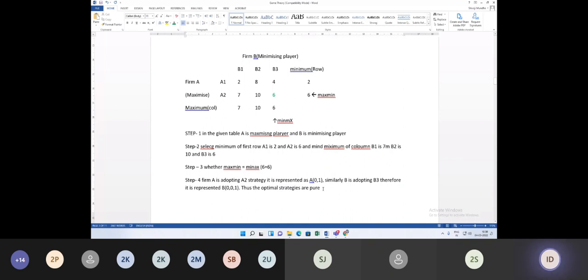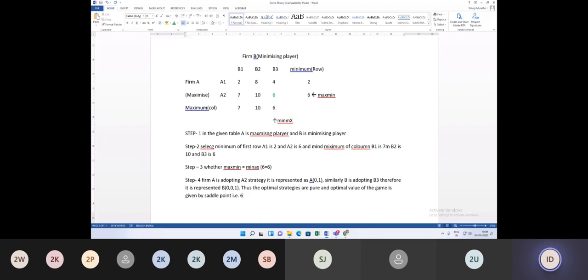of the game is given by the saddle point, and that is how much? 6. That is why the optimal value of the game is given by the saddle point 6.